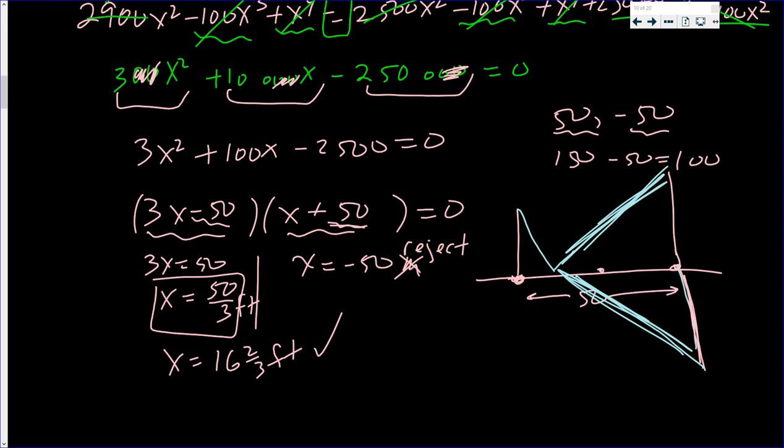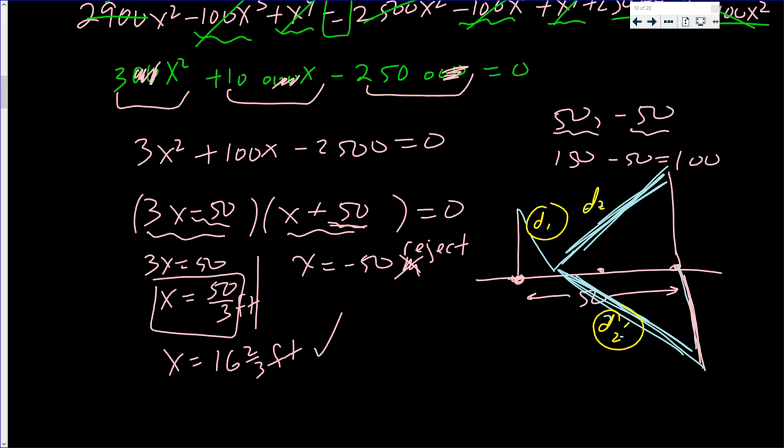So adding distance 1 and distance 2, well, let me call that distance 2 prime, is the same as adding distance 1 and distance 2 prime.